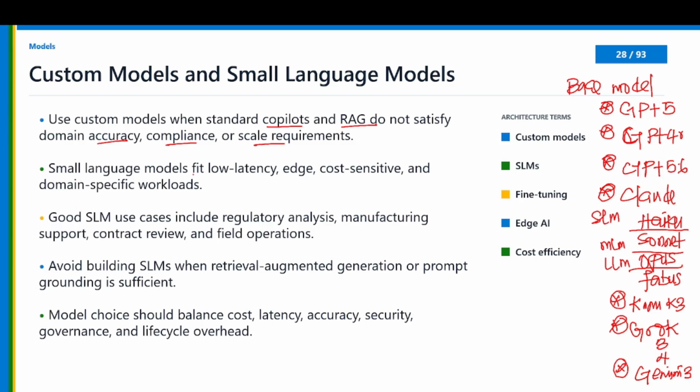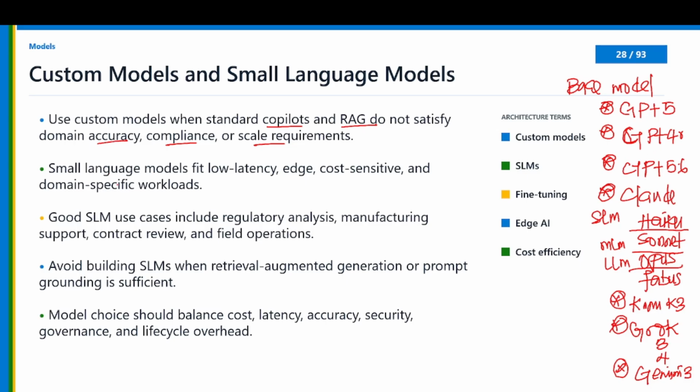The small language model fits low latency, edge, cost-sensitive, and domain-specific workloads, just like I've explained. Whether it is a custom model you want to build, or you just need a workflow, as long as the task is simple, do not choose an LLM like Opus. Use a small model, like the smallest Kimi, and so on and so forth.